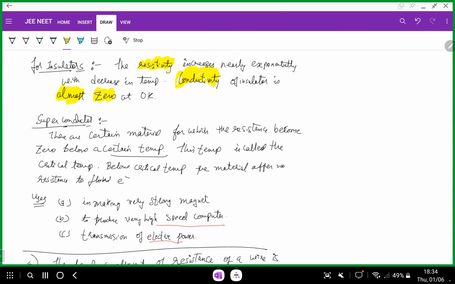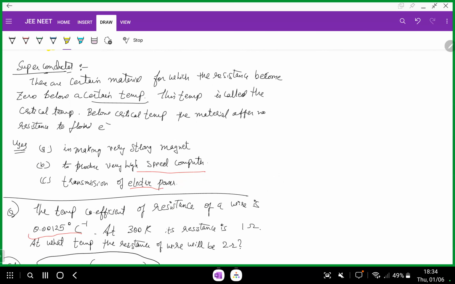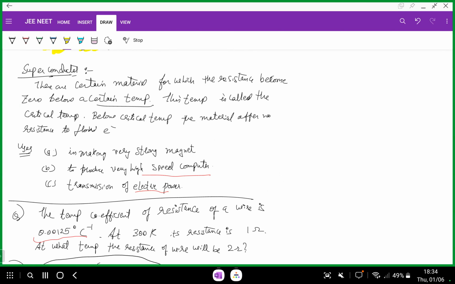Now next is our superconductor. A superconductor has very negligible resistance. Every material has resistance, and even a conductor has resistance. But we can say a superconductor is a material whose resistance becomes zero.